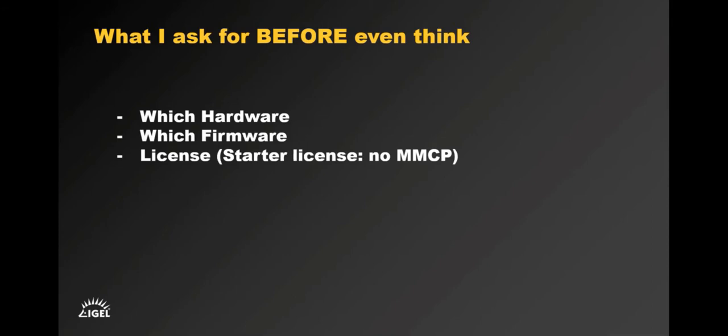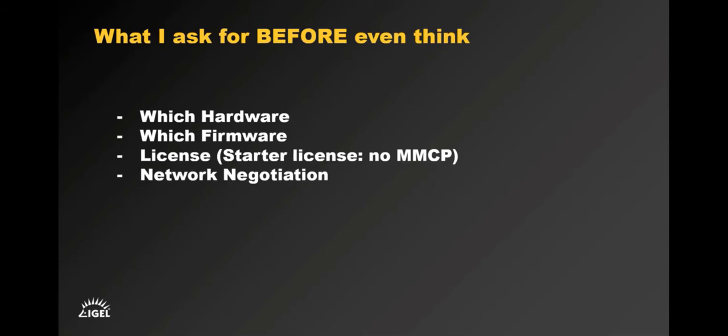And that multimedia codec pack is needed, even if it's not technically exactly right, for everything which is related to moving stuff on your window, from scrolling, videos, movies, CAD, so graphical tools, whatever. Just think, if you have a starter license, just rethink about that and maybe ask for a full demo license or workspace edition.